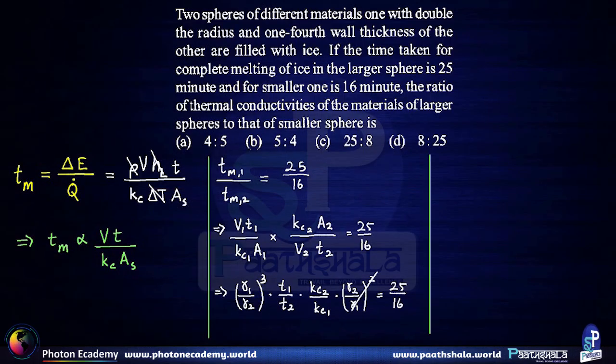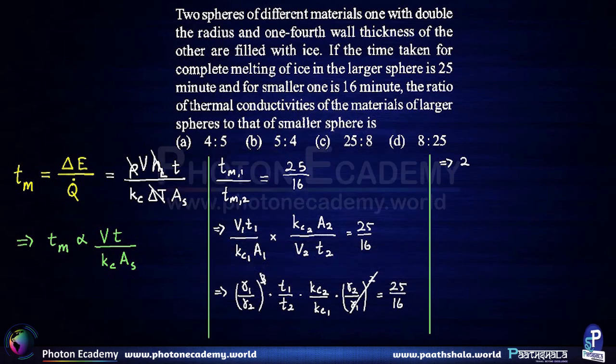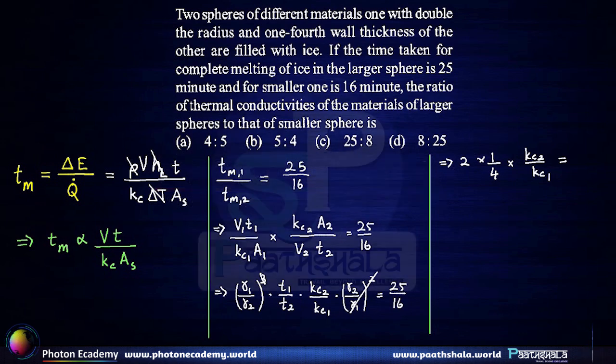So some of these terms can be cancelled, for example R1 by R2 and R2 by R1, which have different powers, and R1 by R2 is said to be 2, T1 by T2 is said to be 1 by 4, and Kc2 by Kc1 is to be calculated, or rather the inverse of Kc2 by Kc1 is to be calculated.